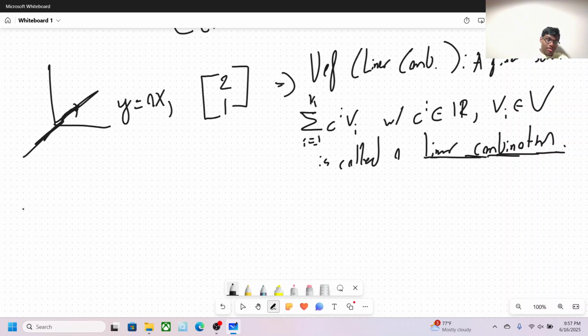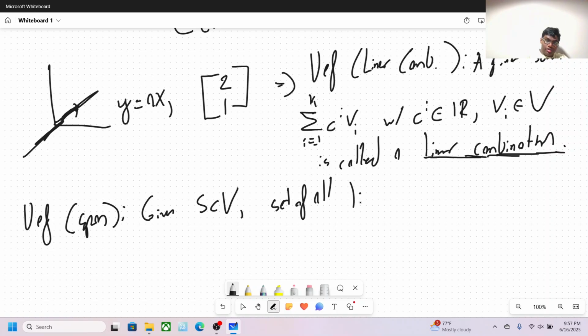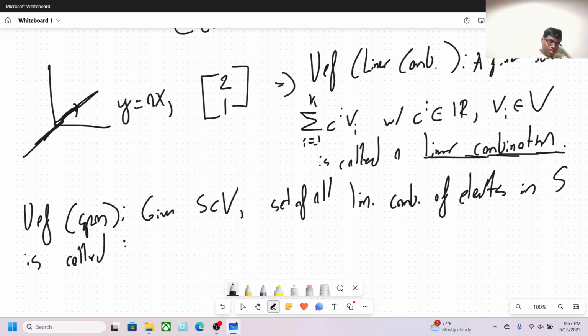And so we're going to make the following sort of dual definition of span. Given an arbitrary subset, so not necessarily a subspace, S subset of V, the set of all linear combinations of elements in S is called the span of S. And this is all the things we can reach linearly from the elements in S, by taking x_1, x_2, up to x_n in S, and taking a_1 x_1 plus a_2 x_2 and so on.